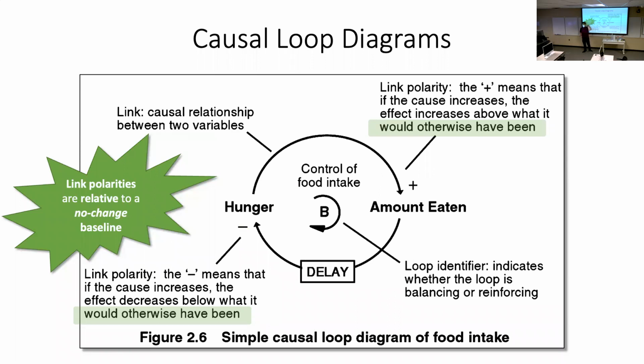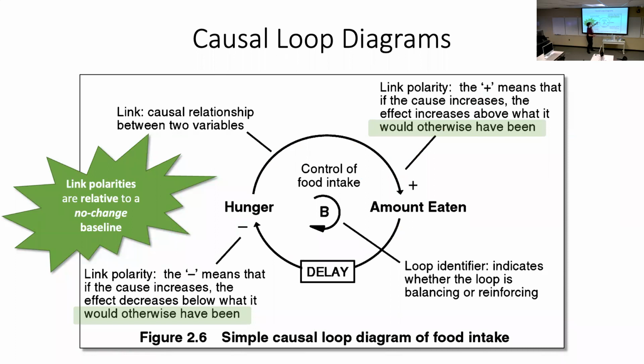Sometimes it's just conceptually easier to think about the decrease narrative. Like, if I decreased hunger, what would happen to my amount eaten? But I think the reason why Morecroft just uses the heuristic here of increase only is that you can use the link polarity as the response to an increase.